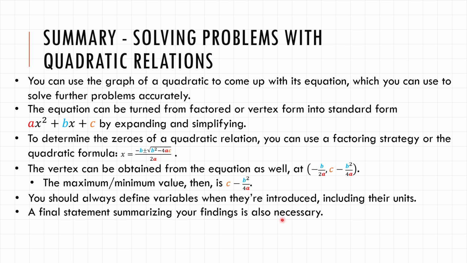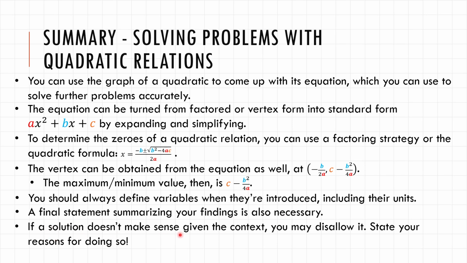And when you write that, you might find that one of your solutions doesn't actually make sense. And so if that's the case, you may say this solution is not allowed or inadmissible. And if you're doing that, you do have to say why that solution doesn't make sense given the context of the problem. And that's it for this unit.